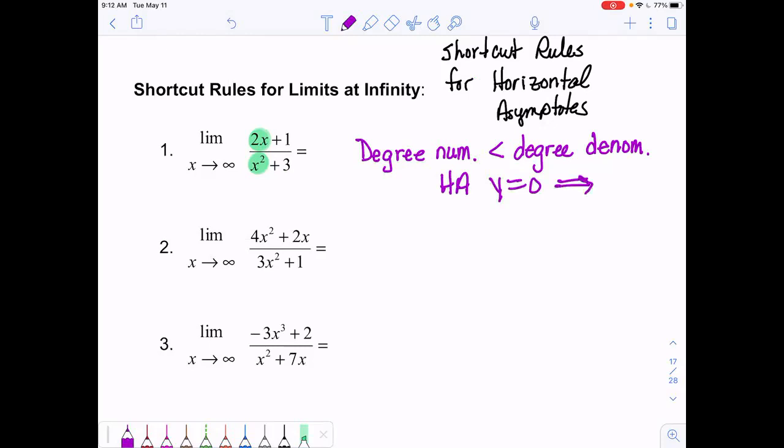Now that means that our limit is equal to 0. So the horizontal asymptote is the y value that's controlling the function as x goes to infinity. So this would be equal to 0. So when the degree of the numerator is smaller than the degree of the denominator, your asymptote is always at y equals 0. Therefore, your limit is equal to 0. So Kaden, looking at number 2, what's going on with those powers? Yeah, they're equal.